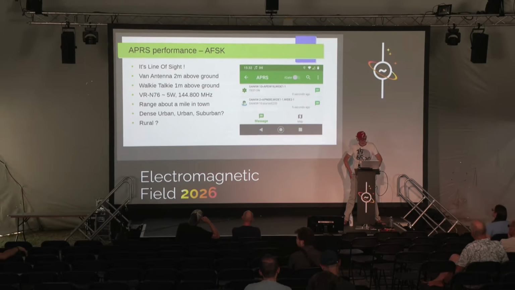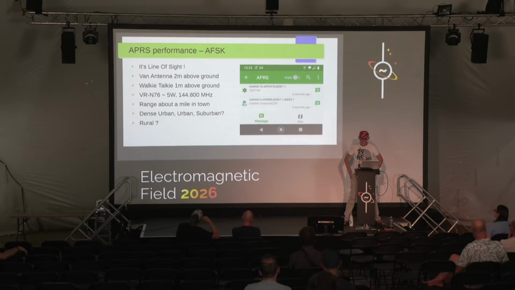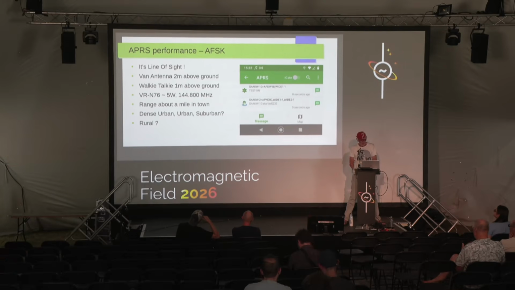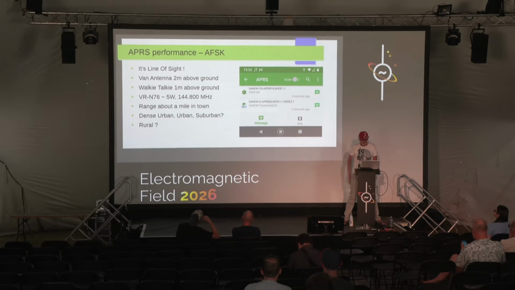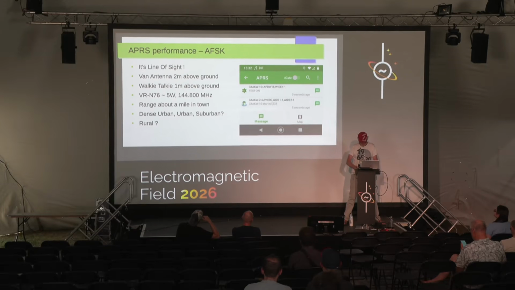Here, we've got a system where both antennas are between 1 and 2 meters, roughly, which is not great. So in the urban environment, any of those sort of mobile radio environments, you will be lucky to get a mile. But that's how it is, that's physics. If the pub happens to be on the top of a hill, great. If it's not, we might have to be a bit closer.